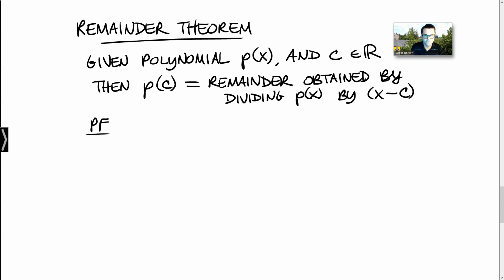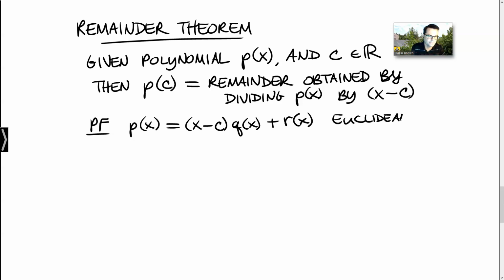So this is not very difficult to prove. All you have to do is say, okay, just divide. So we know that p of x is equal to x minus c times q of x plus r of x. This is just the Euclidean division. And now you just substitute x equals c.